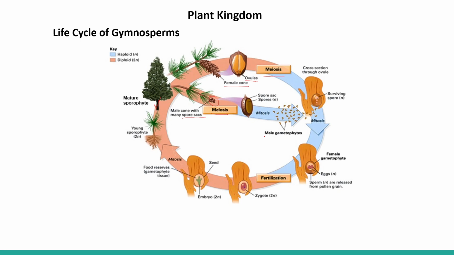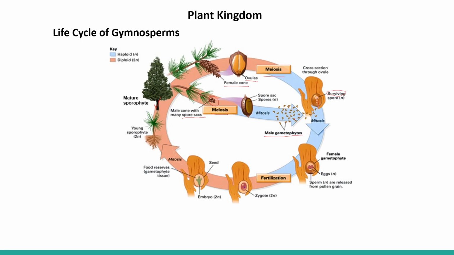After the meiosis, male gametophyte, that is microspores, are formed. In the case of ovules, 4 megaspores are formed and only one will survive, the 3 will degenerate. So this is the female gametophyte.